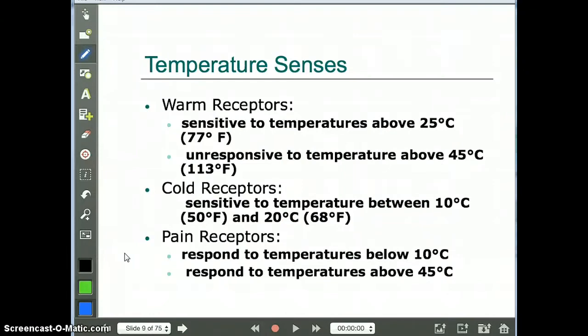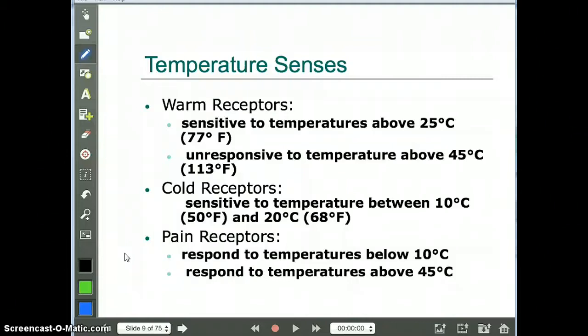In terms of temperature, thermal receptors are going to be sensitive to different types of temperature. Warm, cold, and when it becomes too warm, you start to have tissue damage, pain receptors, and when it's too cold, you have tissue damage, pain receptors. For example, going outside right now, it's awfully cold outside.